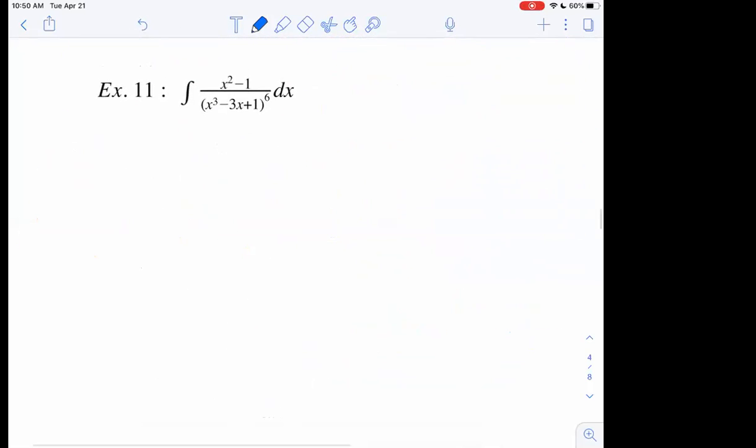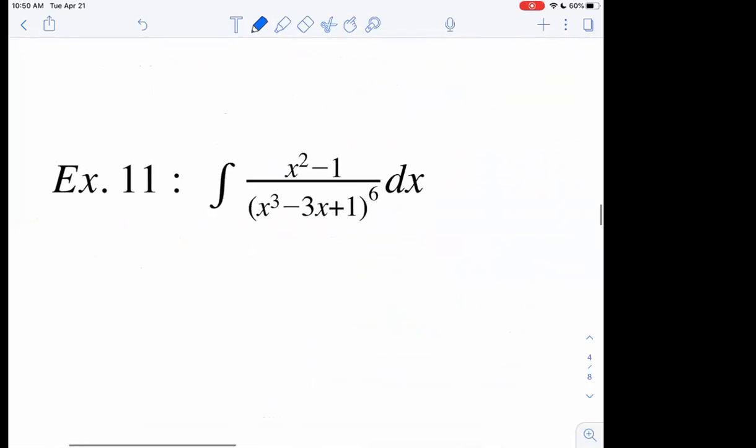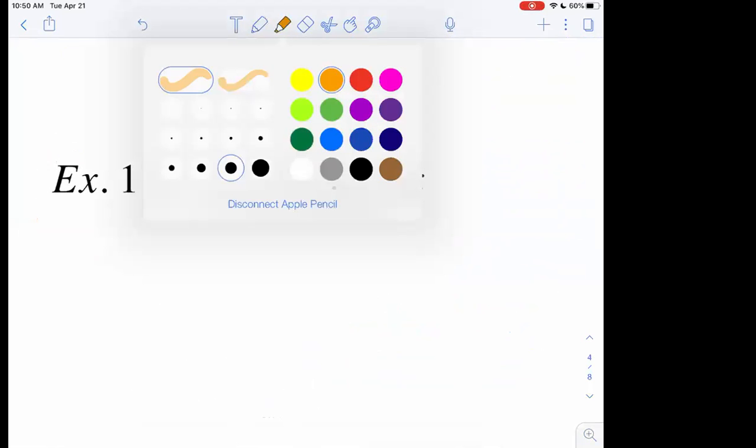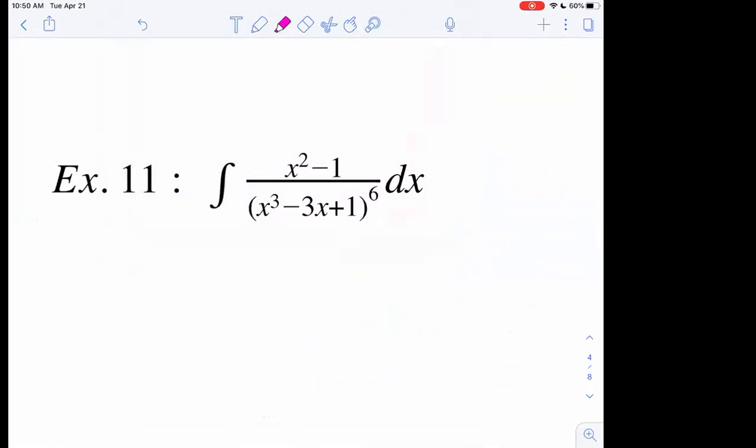All right, so let's take a look at example 11. What are our thoughts here? What should we identify as our u? The bottom part. Be more specific for me. What part of the bottom part?